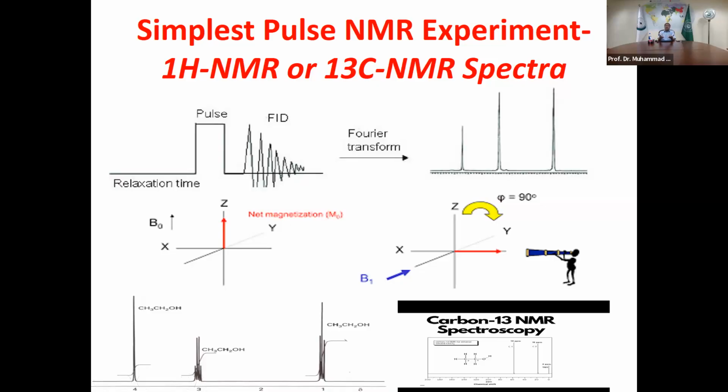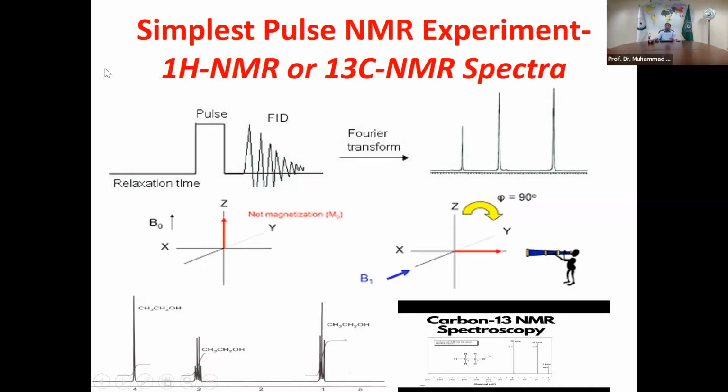If there are three different types of protons, there are three different types of FIDs. If there are 2,000 different types of protons, such as in proteins, then you get 2,000 FIDs. You do a Fourier transformation, FT, and you get three different signals, for example, if you have three different protons.